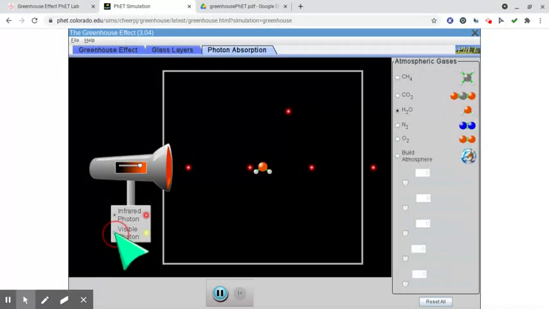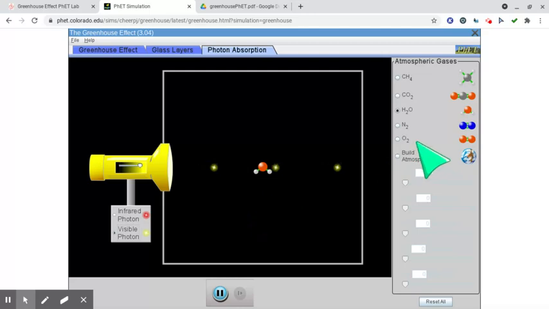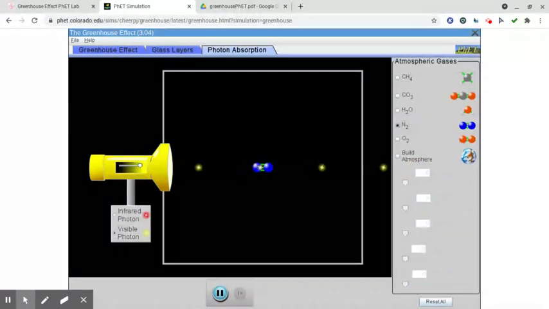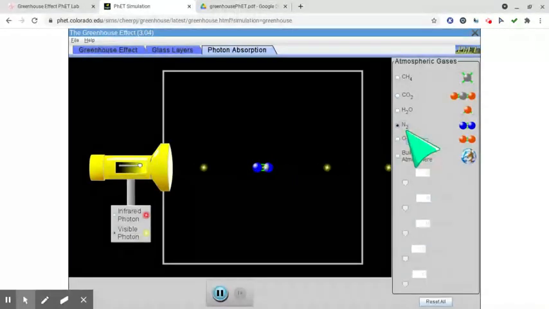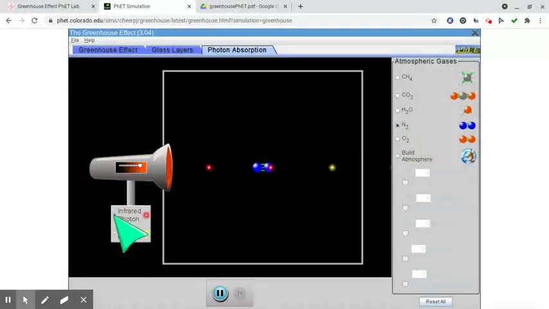Let's look at visible light. No effect on water. All right, N2, nitrogen. Visible light does not seem to affect the nitrogen gas. Look at the heat, the infrared photons. Let's give it a second, because the other ones took just a little bit of time.